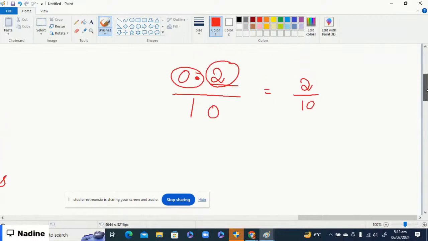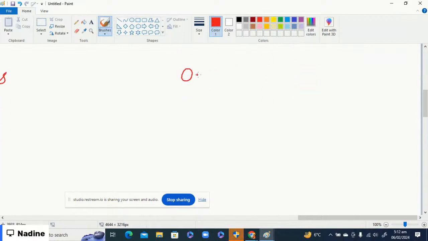Now let's discuss 0.34. For example, here are two digits now. The same thing we are doing. In place of this point, we are putting 1. How many digits are here? 1 and 2. Now you are putting 2 zeros, because this is in the tens place.